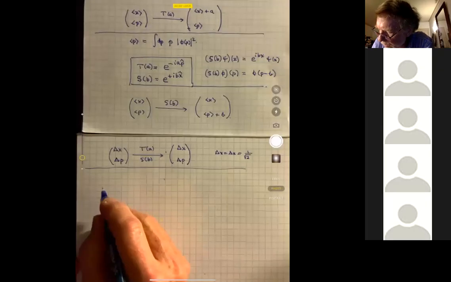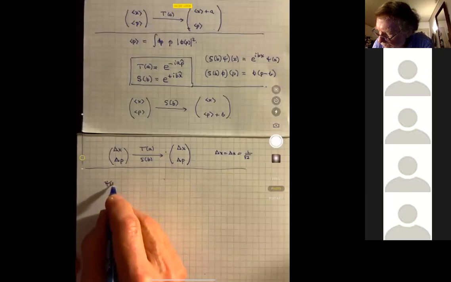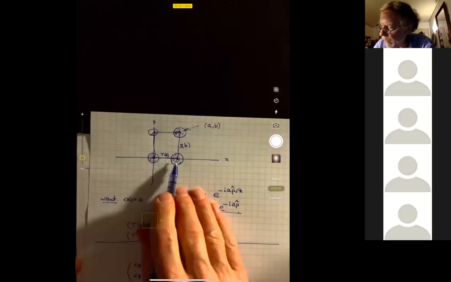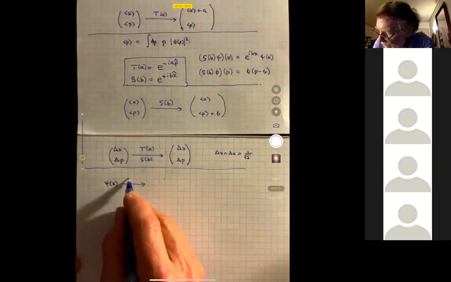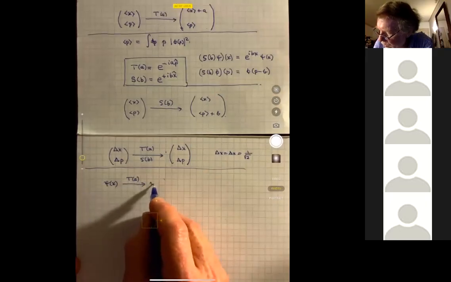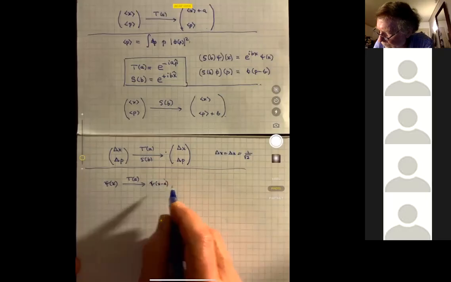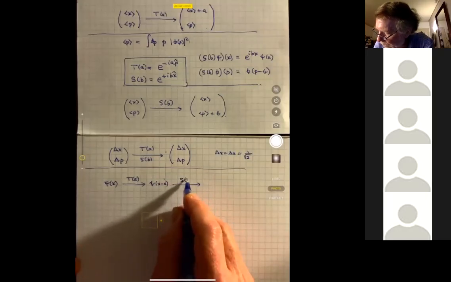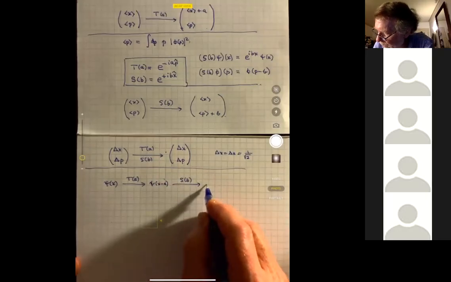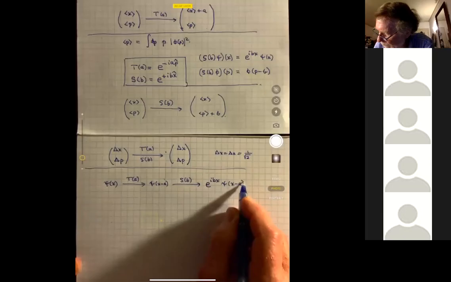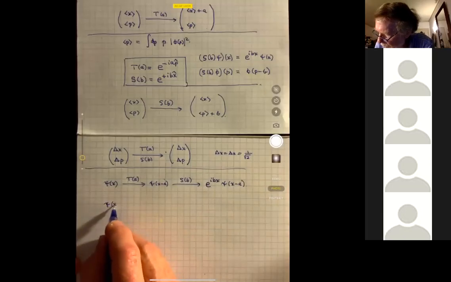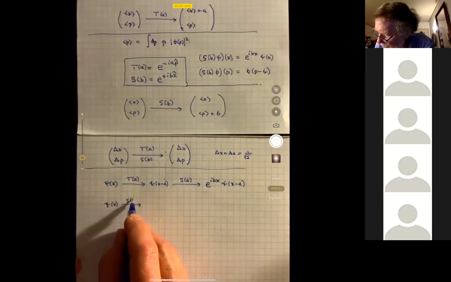Let's check this. Let's take psi of X, and let's follow this path first. We'll apply the T of A first and then the S of B. If I apply T of A to that, this turns into psi of X minus A. And then if I apply S of B, this gives me e to the i b x times psi of X minus A. On the other hand, if I do it in the reverse order, I apply the S of B first.